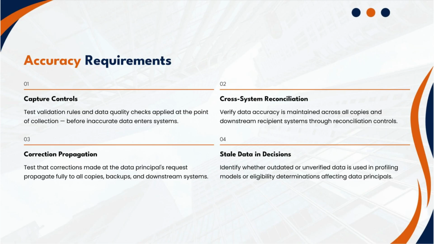The other 4 kept the old one, quietly, forever. Third, correction. When someone tells you it is wrong, how fast does it get fixed? And everywhere. That word everywhere is doing the work. Correction in one system while 5 others hold the error is not correction. It is a partial apology. Accuracy is not a data quality issue. Under DPDP, it is a rights issue.